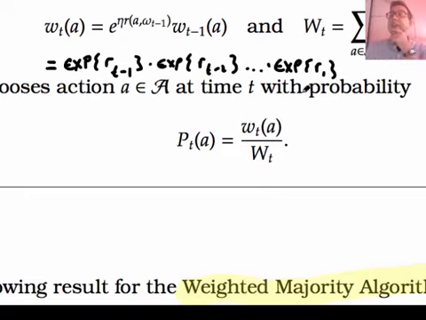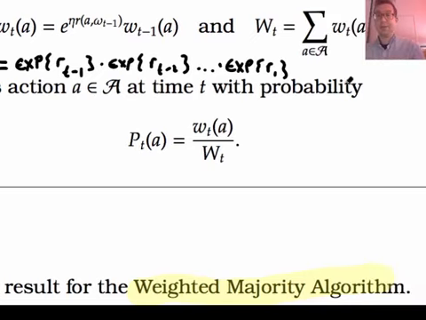In other words, it's just the e to the sum of all the rewards. You don't need to write this in your notes, it's okay.